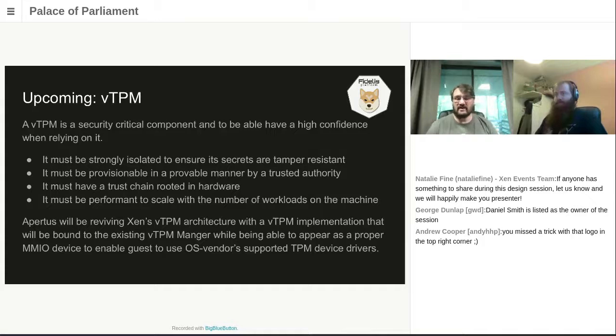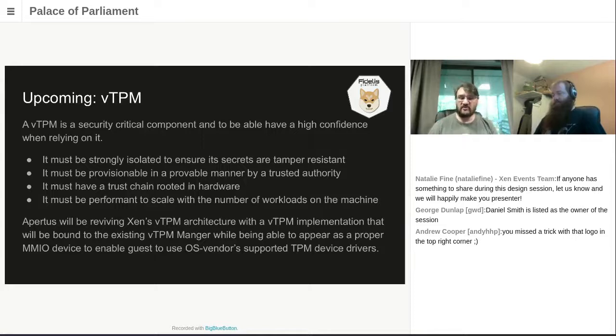Therefore, it needs to be strongly isolated to ensure its secrets are tamper resistant. This is one of the fundamentals about a TPM. If you look into the specs, it talks about protected locations and protected capabilities. When you move a physical TPM into being virtualized, you need to maintain these because these are the core security properties of a TPM.